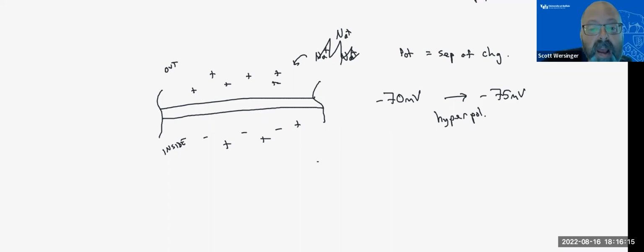If I were to add sodium to the inside, instead of going to minus 75, the difference is smaller. So instead of minus 70, we'd be at minus 65. That's called a depolarization.